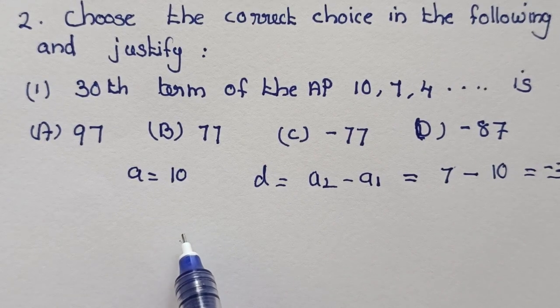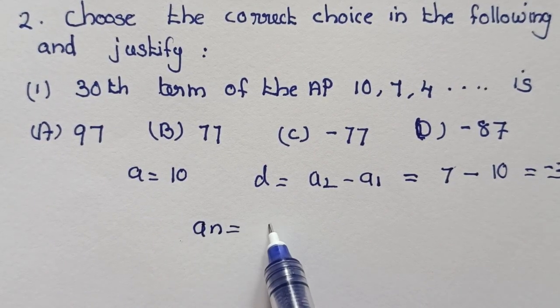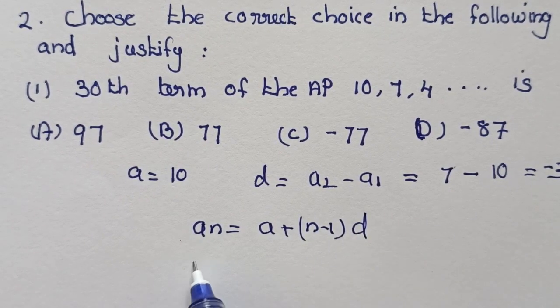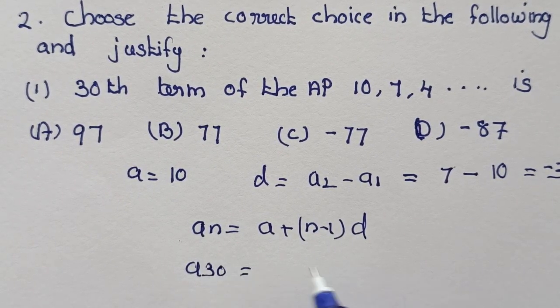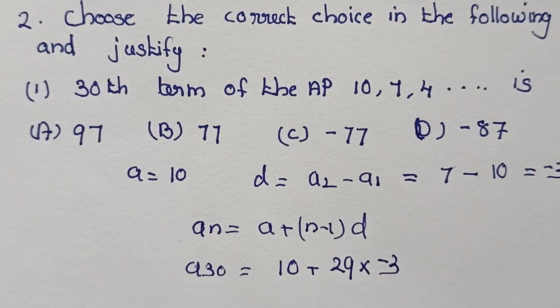Now we have to calculate a30. First write the formula, an equal to a plus n minus 1 into d. a30 is equal to a, 10, plus n minus 1, it is 30 minus 1 equal to 29, into d equal to minus 3.